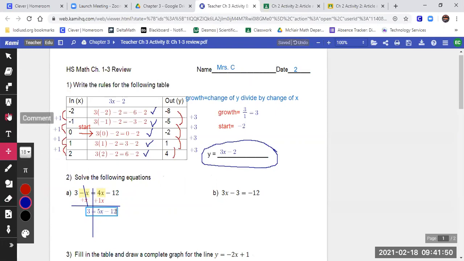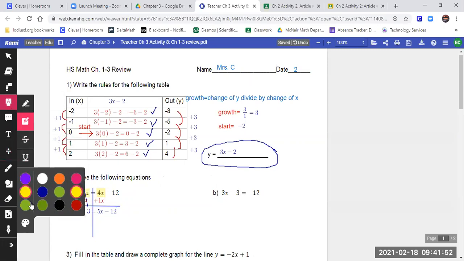Okay, now we got to big zero those numbers. We're looking at a positive 3 and a negative 12, and we have to move the one that's on the side with the x. So which one are we going to move? The 3 or the negative 12?